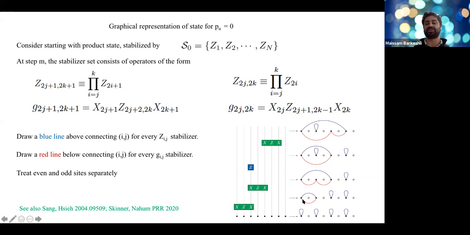You can see visually that as you apply these stabilizer measurements and Z measurements, there's the possibility for getting lines that connect qubits that are very far away. Basically, the entanglement entropy of a given region is directly related to the number of lines crossing the boundary of that region. So you can get some entanglement buildup.